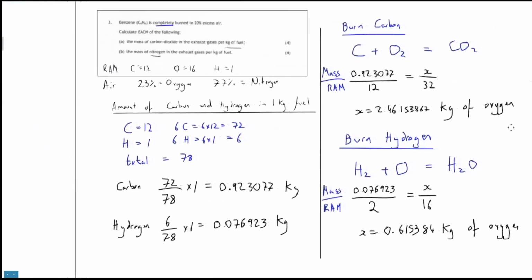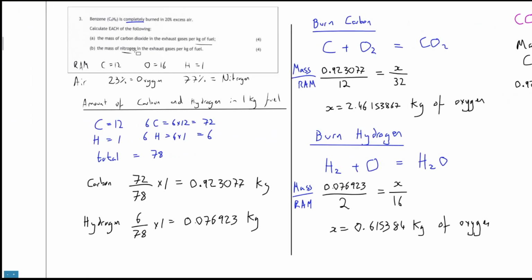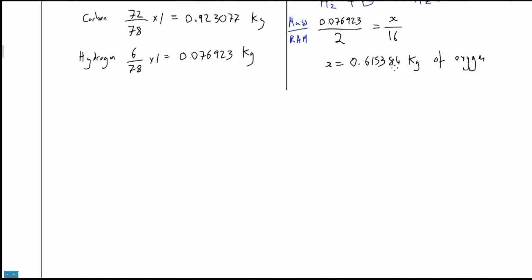All right, let's go back and read the question. We have to do the mass of nitrogen in the exhaust gases per kg of fuel. So it's another bunch of calculations. In order to do this, I would normally run it on from this section right here, because we need to calculate the total amount of oxygen required to burn that fuel, and we have done. So I think I'm going to drag it down here if I have the space.